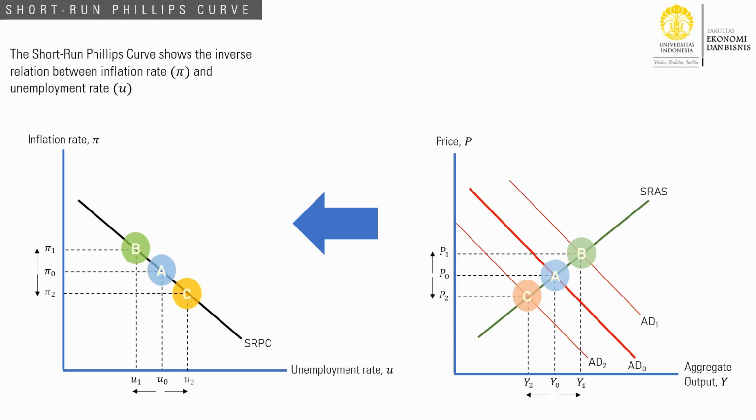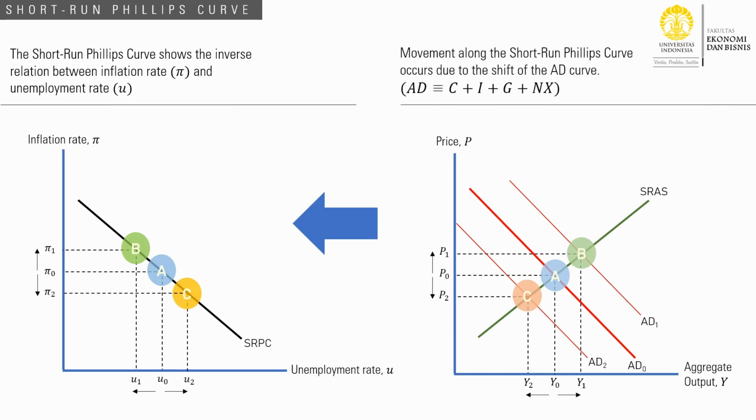The condition can be interpreted as well that movement along the short-run Phillips curve occurs due to the shift of the aggregate demand curve. Therefore, change in one of the aggregate demand elements here shifts the AD curve to the right or to the left and causes point movement along the SRPC upward or downward.